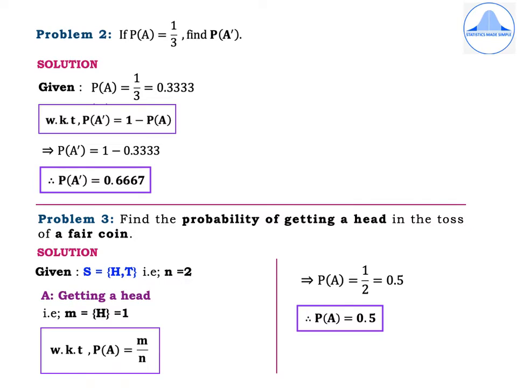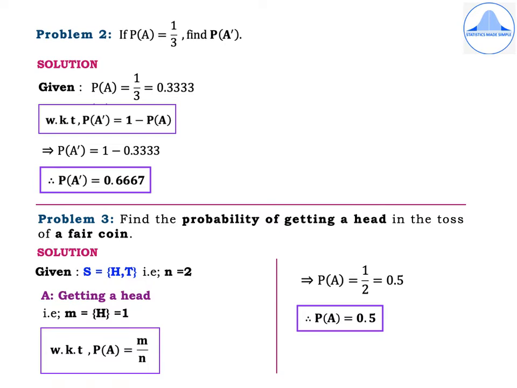Problem 3. Find the probability of getting a head in the toss of a fair coin. Solution. Given S is equal to {H, T}. So this is the sample space we get when we toss a single coin. That is, n is equal to 2 because there are 2 outcomes in the sample space.